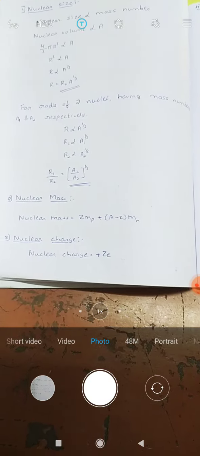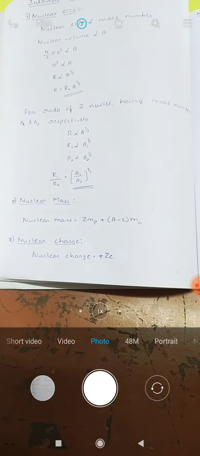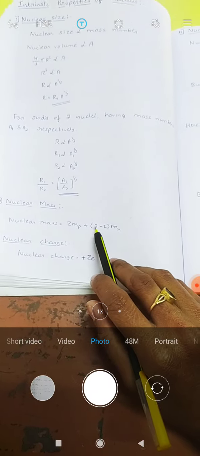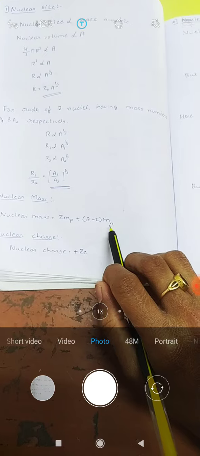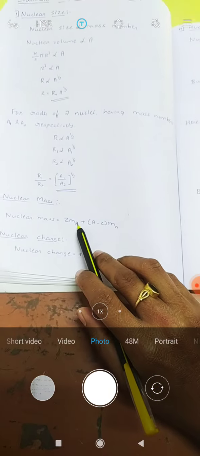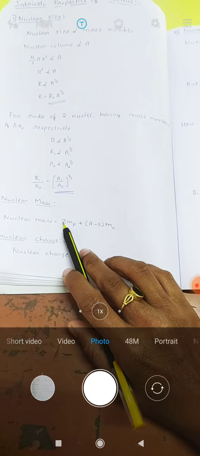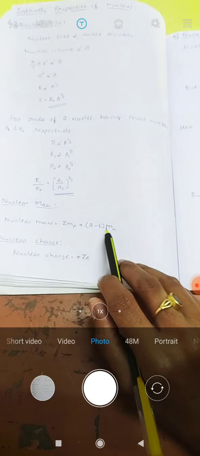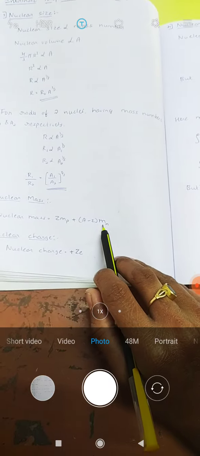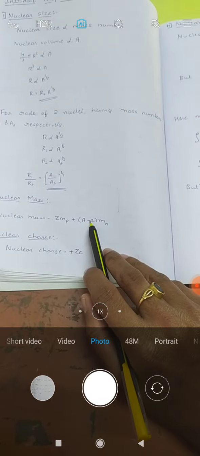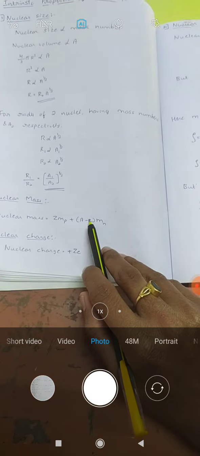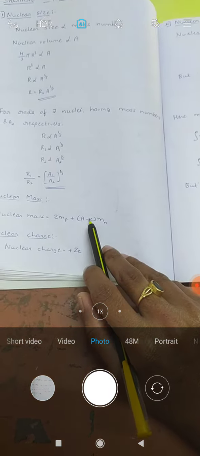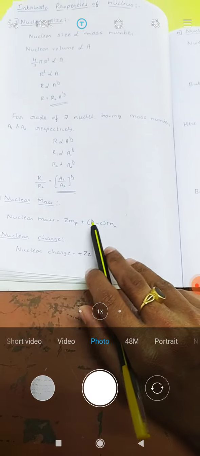Its formula can be written as nuclear mass is equal to Z into mp plus (A minus Z) into mn, where mp is the mass of the proton, Z is the number of protons, mn is the mass of the neutron, and A minus Z is the number of neutrons, indicated as capital N. N is equal to A minus Z, the number of neutrons present in the nucleus of the atom.